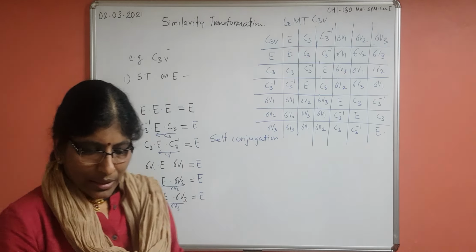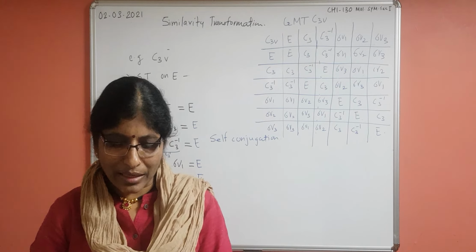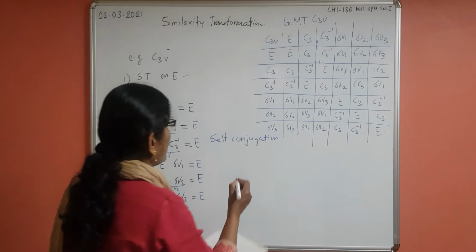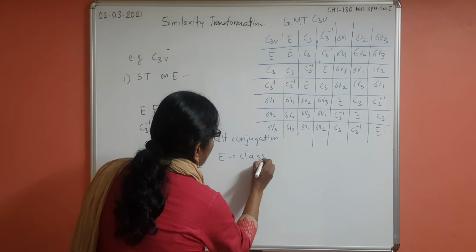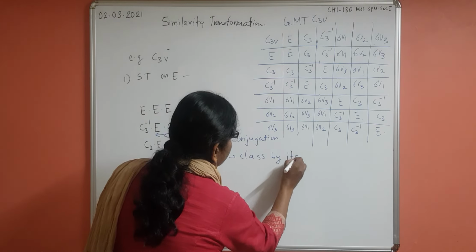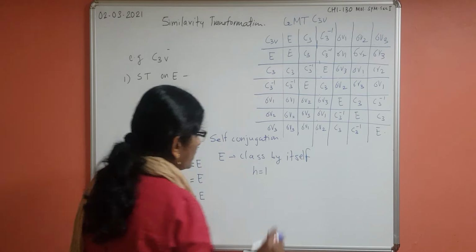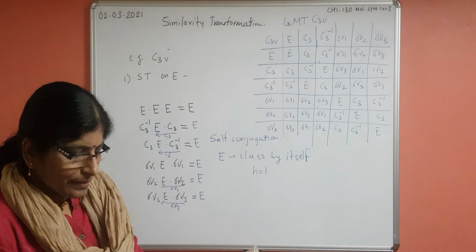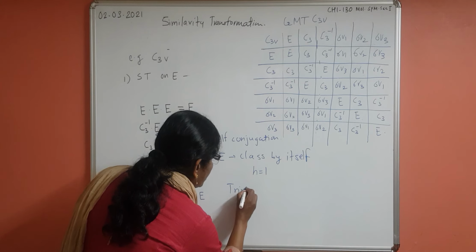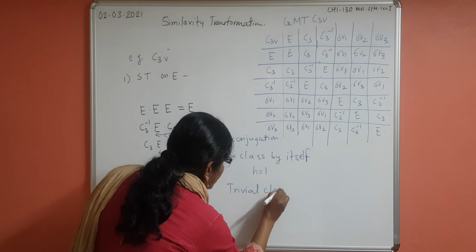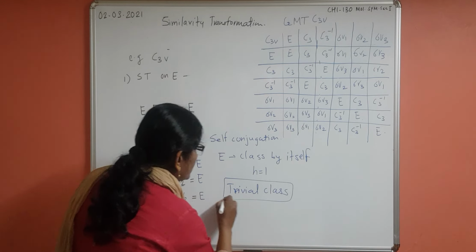That means identity is its own similarity transform and E is in a class by itself. As it is a self conjugation, h is equal to 1 subclass we can say, and this is also called a trivial class. The special name for this is a trivial class.